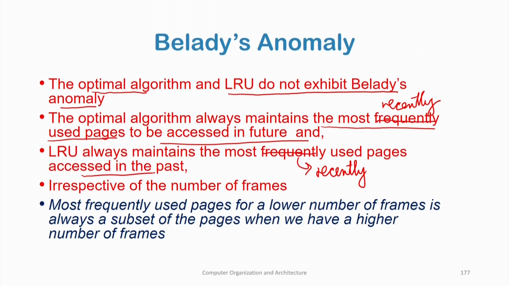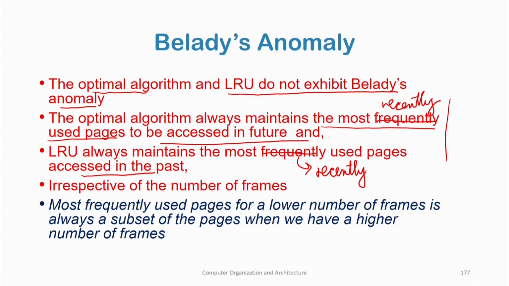Because LRU at any given point in time, whatever be the number of frames available, replaces the least recently used page. So, what are the pages that are there in memory at any given time? The most recently used pages are there. And what does the optimal algorithm keep? The pages that will be accessed in future.